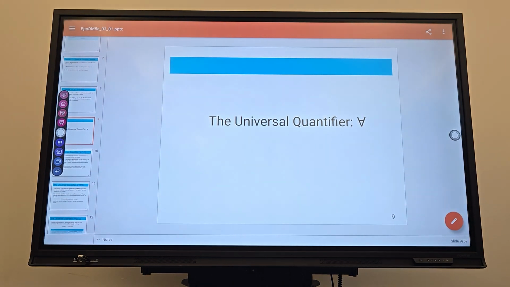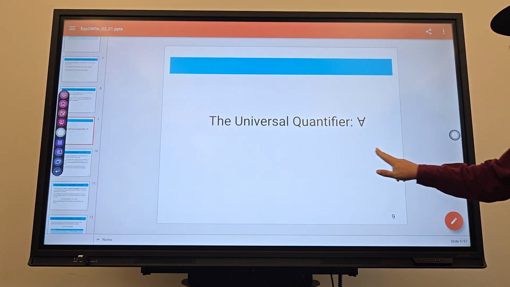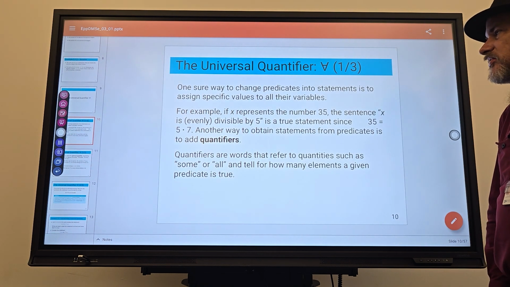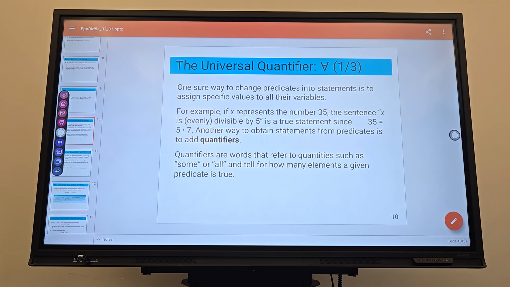The universal quantifier, the inverted A. One sure way to change a predicate into a statement is to assign specific values to the variables. For example, if x represents the number 35, the sentence x is evenly divisible by 5 is a true statement.